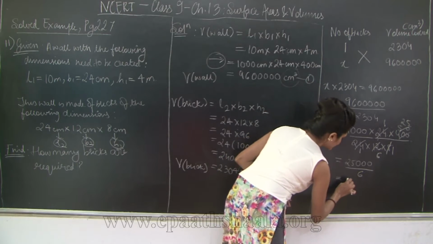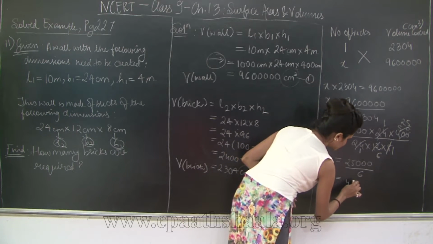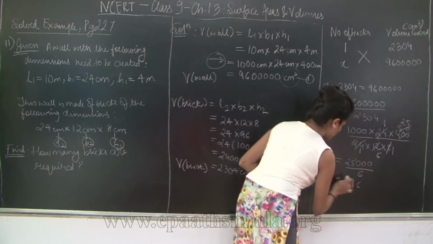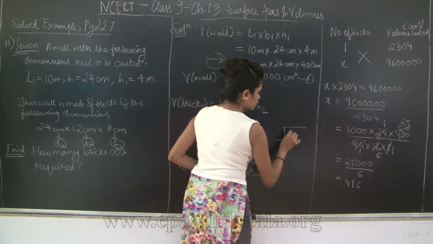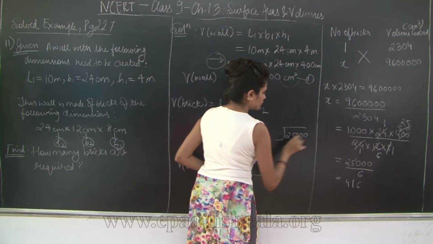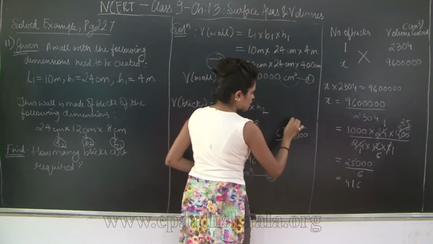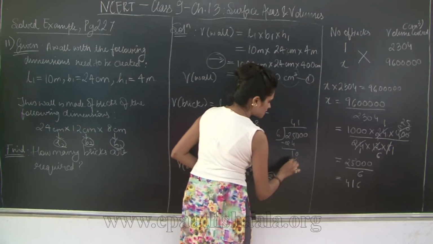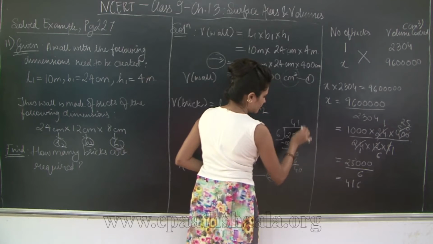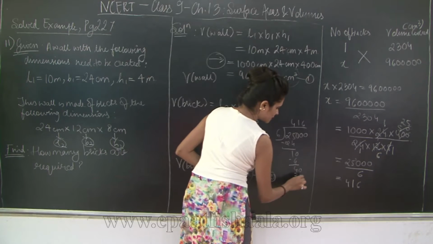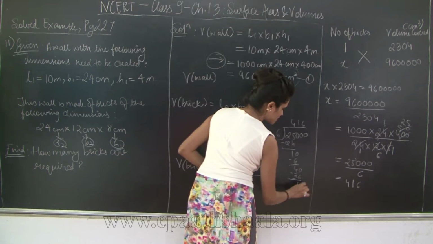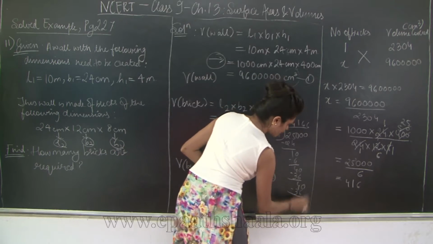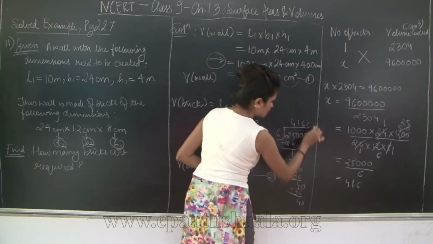Let's calculate. 6 fours are 24, then 6 ones are 6, 6 sixes are 36. So let's just do this over here. 25,000 divided by 6. 6 fours are 24 minus 1, 6 ones are 6 minus 4, then 6 sixes are 36 minus 4, you get down this 0, and 6 sixes are 36.